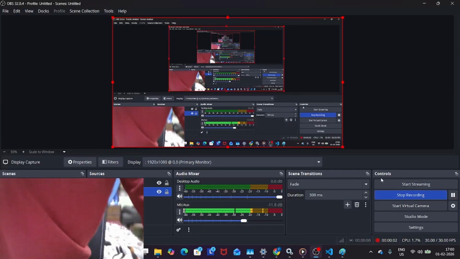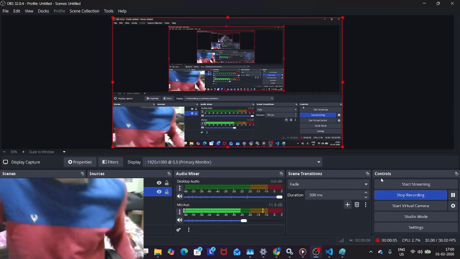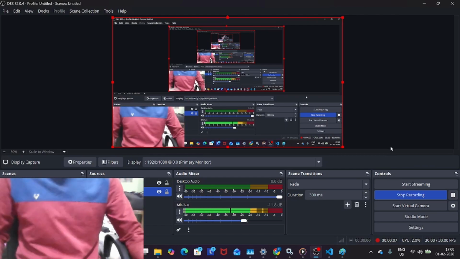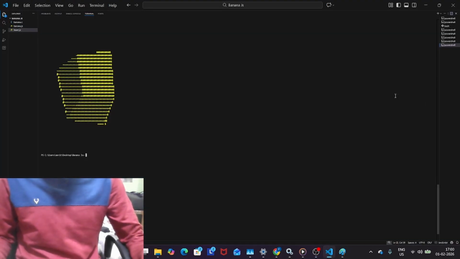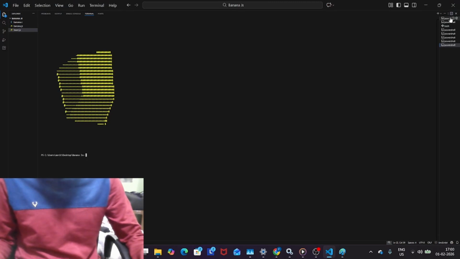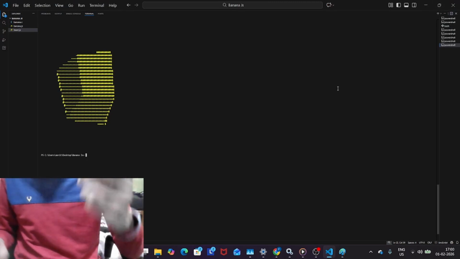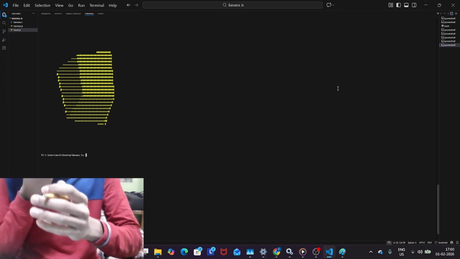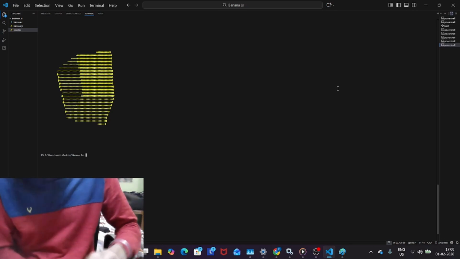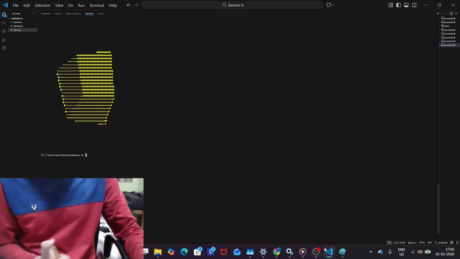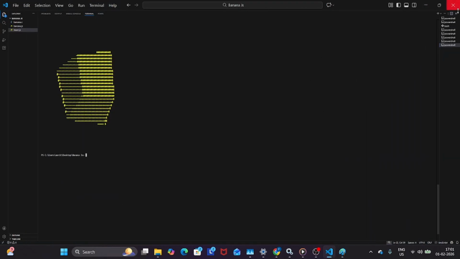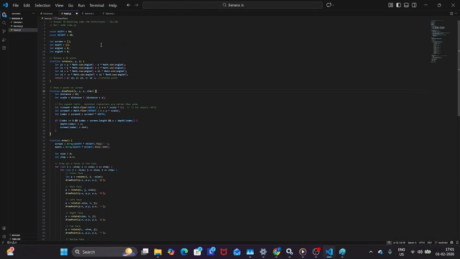Now we are on our computer screen. Let's understand this code more properly. I'm going to use pen and paper also, so you understand it better. This is a line by line walkthrough. I'm going to link this code in the background also.